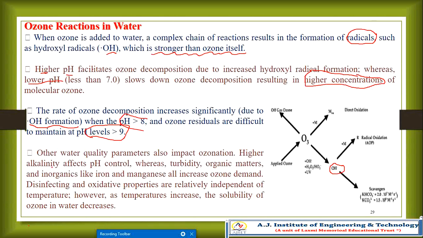Now, other water quality parameters also impact ozonation.